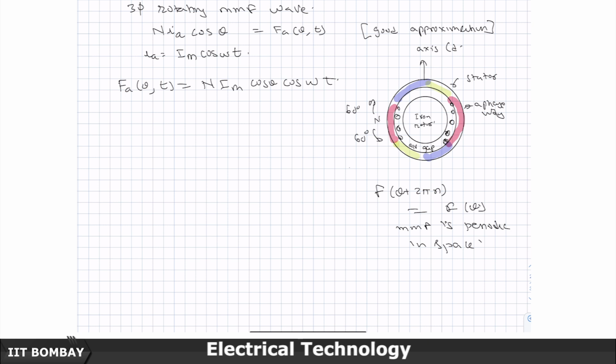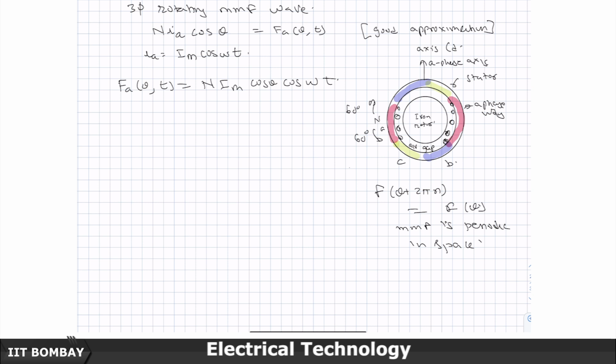So, if it is clear that if there is a current coming out here and current going in here, and if I rotate a right handed screw, the screw is moving in the forward direction. So, therefore, this is the A phase winding axis, and similarly then the B phase winding axis, this is the B phase, this is the C phase, this is the A phase.